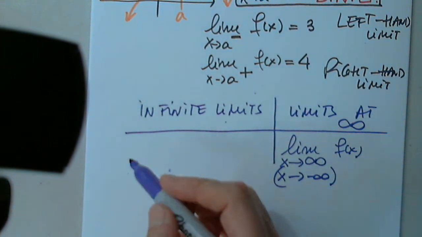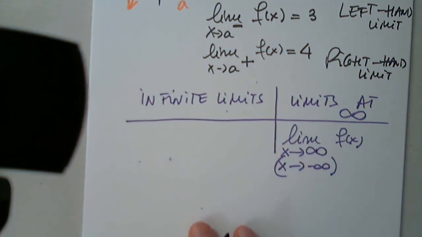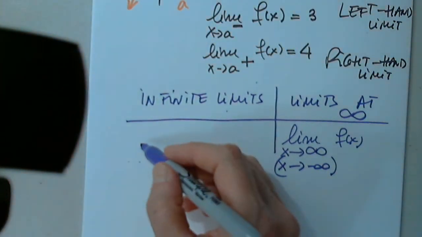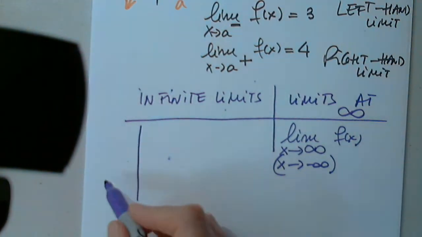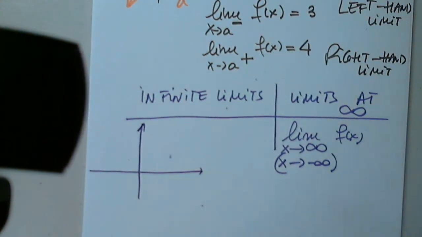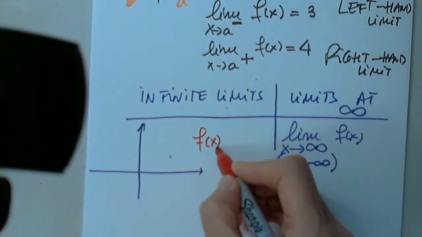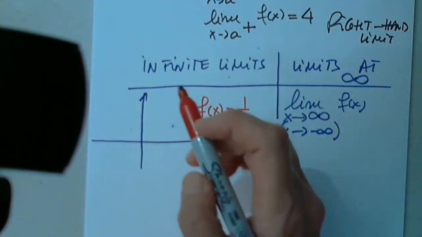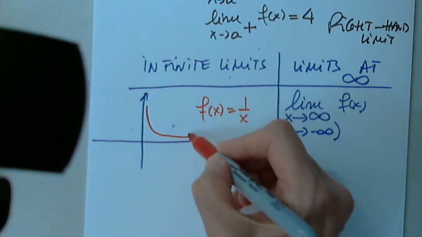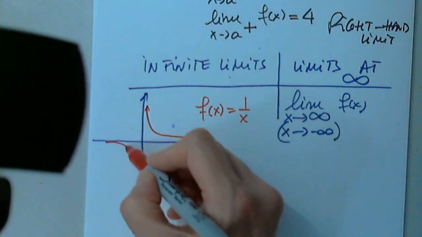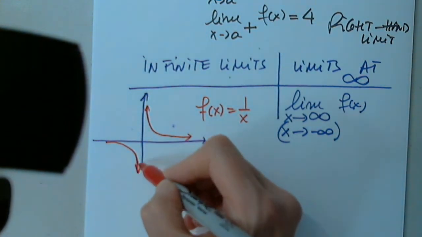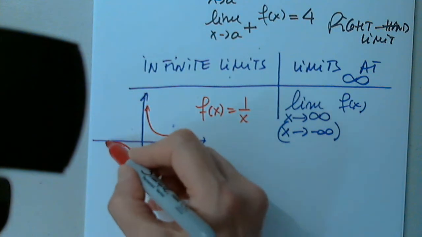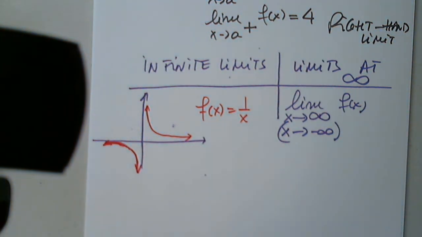Okay, a few examples here. First, a function that we have to have in our minds forever. The simplest simple rational function, 1 over x. It doesn't touch here. Sorry, my hand, not the marker. It's not the marker's fault.